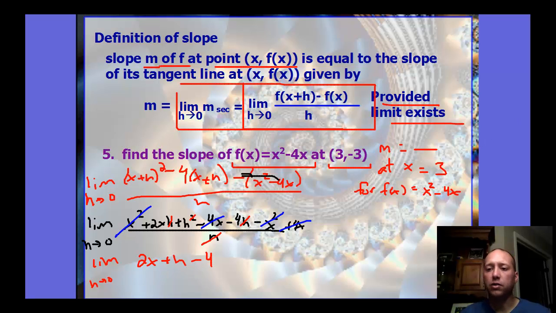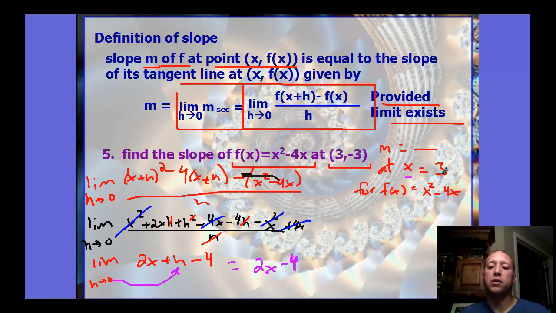And now that we got rid of that denominator, we can use direct substitution to find the limit. So plug 0 in for h, and you get 2x minus 4 is going to be the equation for the slope of x squared minus 4x.